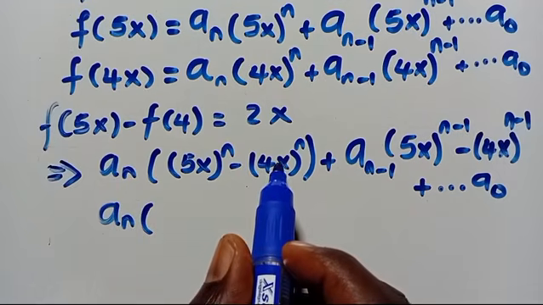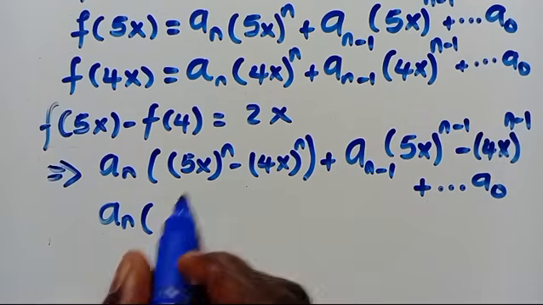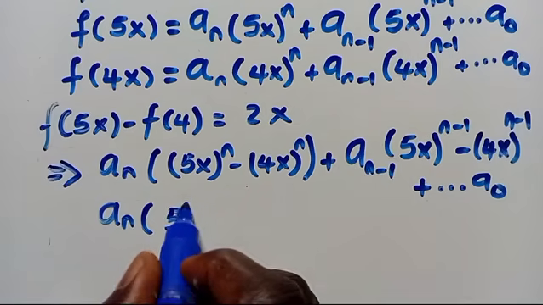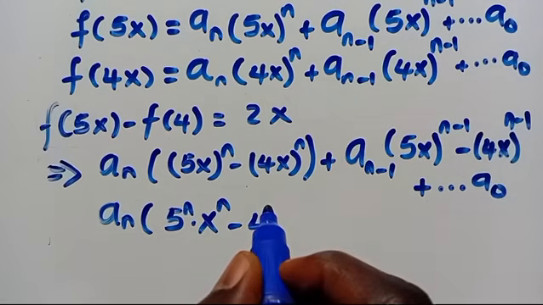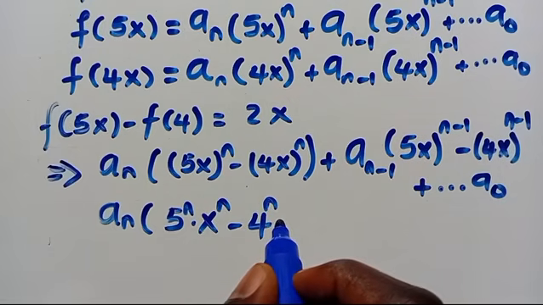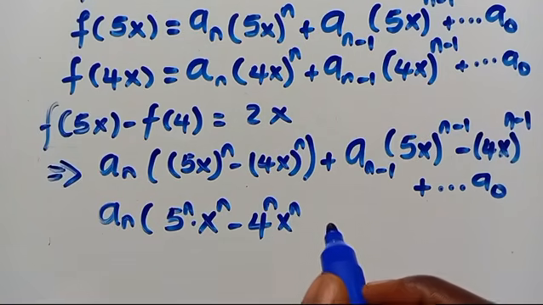So let's have this as a_n. From here we have 5 to the power of n times x to the power of n minus 4 to the power of n times x to the power of n.